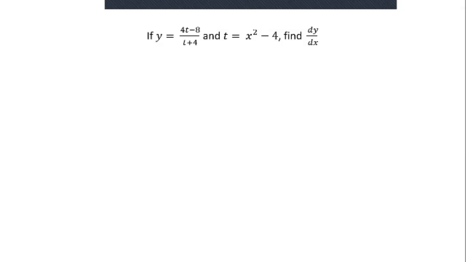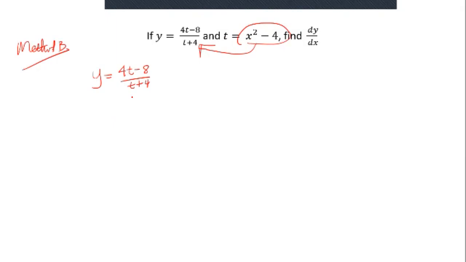Okay, what about the second method? In method B, we directly express y with respect to x by substituting into t. Originally it is (4t minus 8) over (t plus 4). So replace t with x squared minus 4.